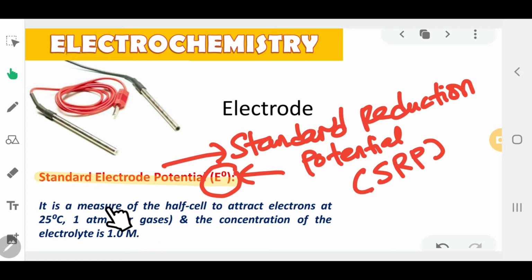If we have a different temperature, a different pressure, or even a different concentration of electrolytes, that situation is no longer at the standard electrode potential. It will be a different situation, and we're going to look at that in another video.